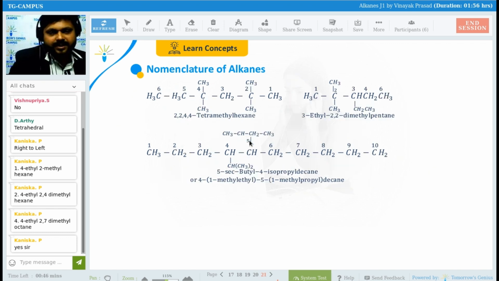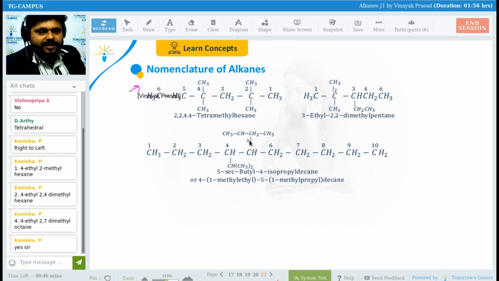Now, next, see about this. How can we name this compound? Now this is an easy one, right? If you count from left to right, at third position you will be getting this carbon. If you count from right to left, at second position you will be getting 2-methyl, and at fourth position also 4-methyl.